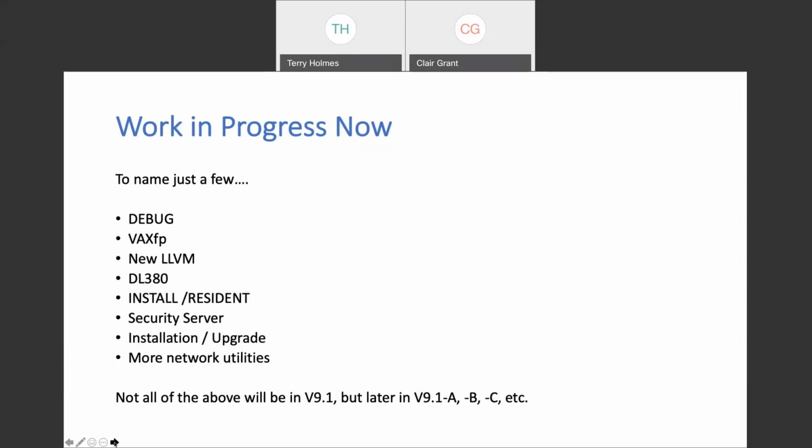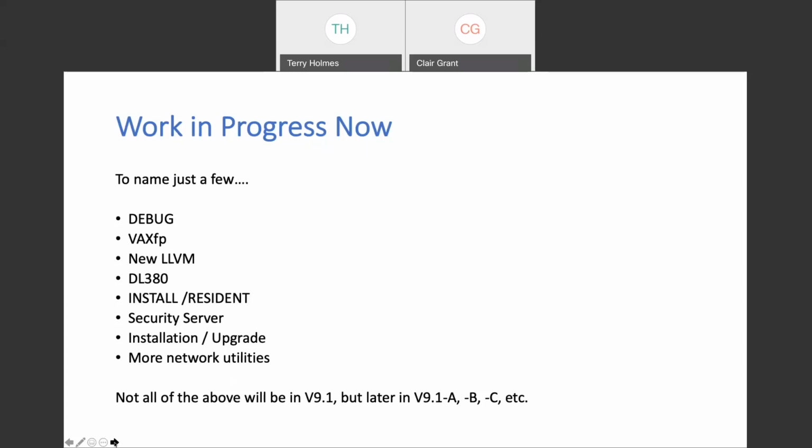A big component of what's coming next is getting to a new version of LLVM, our backend code generator, and I'll have more to say about that later. We know we have to get to support of bare metal, and what we have in the roadmap and in our plans right now is HPE's DL380. It's a popular platform in the field. We have some ourselves. It's a good starting point.